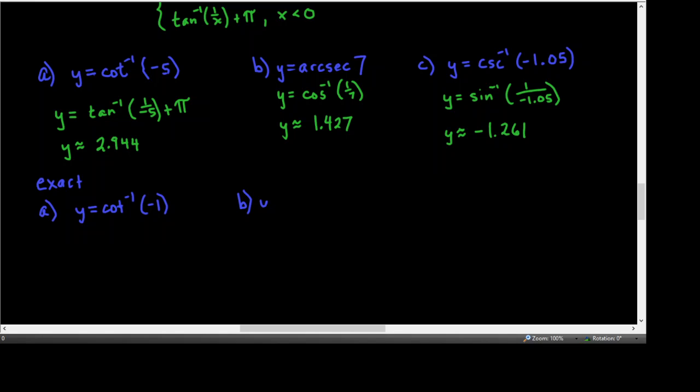Y equals arcsecant of 2. And y equals cosecant inverse of 2 square roots of 3/3.